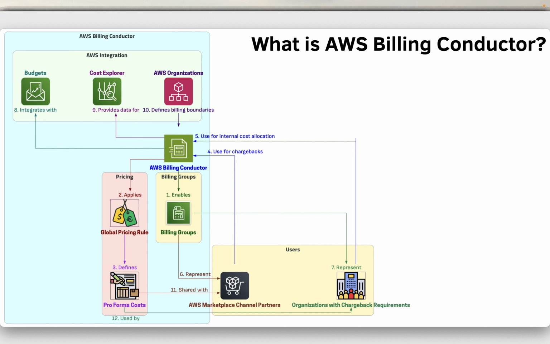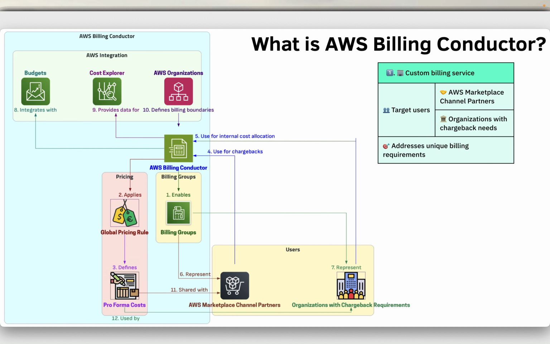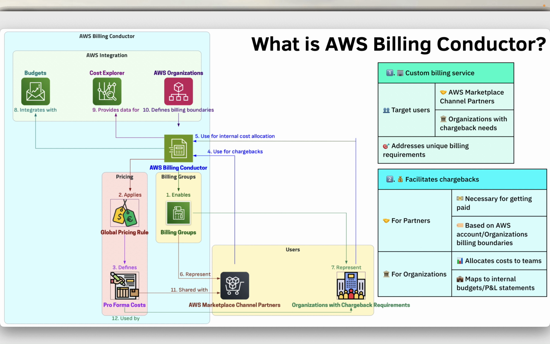So what is AWS Billing Conductor? AWS Billing Conductor is a custom billing service for AWS marketplace channel partners, also called partners, and organizations with chargeback requirements. This service addresses the unique billing needs of these specific customers. For partners, chargebacks are crucial as they are necessary for getting paid by their customers.